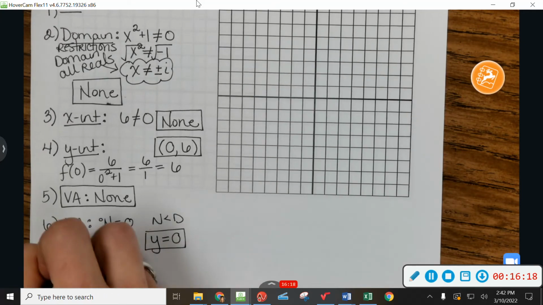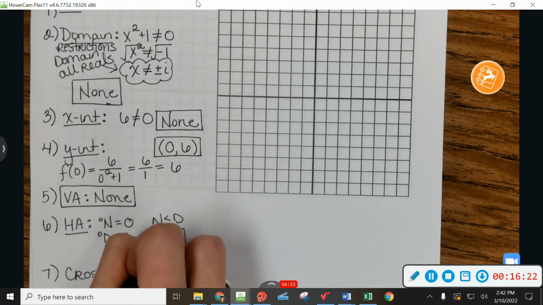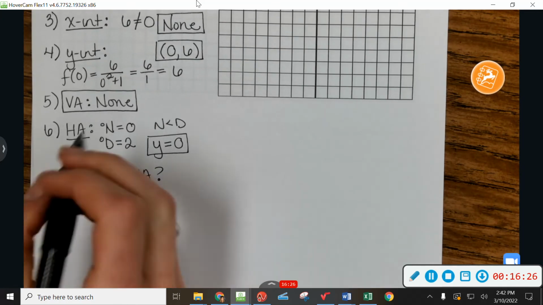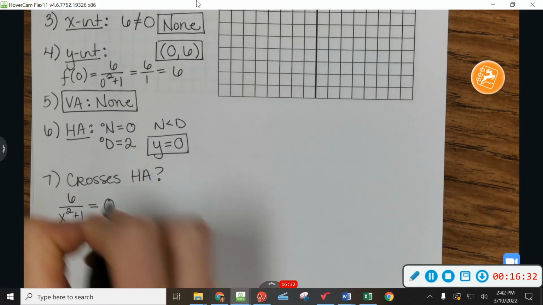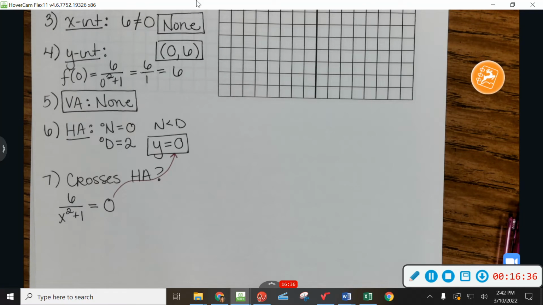So then we check if it crosses the horizontal asymptote. We're going to set our original function, 6 over x squared plus 1, equal to that horizontal asymptote value of 0. Well, what happens there?